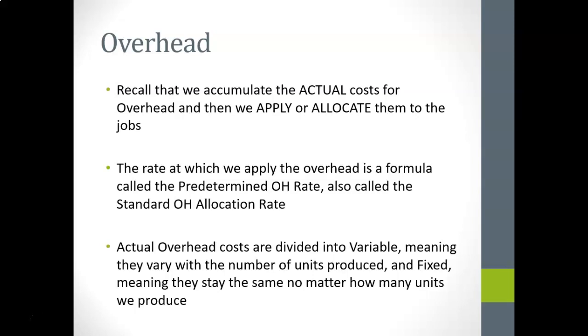Direct materials like the shingles and the lumber are going to go straight from materials into work in process. But the indirect materials go down into overhead. So if I make more dog houses, I'm going to need more nails. So the indirect materials are going to vary depending on how many units I make and sell. However, fixed overhead, like insurance on the building, is going to stay the same.